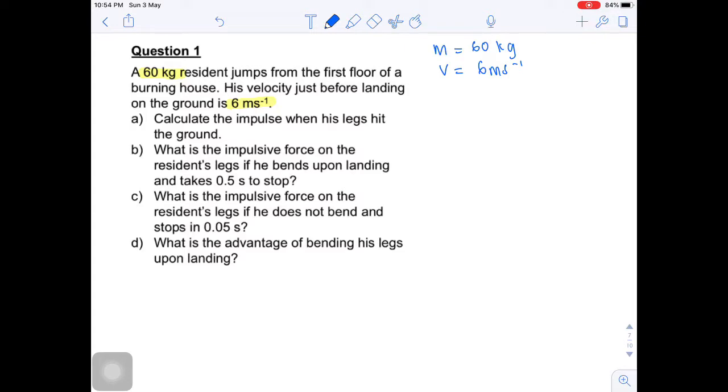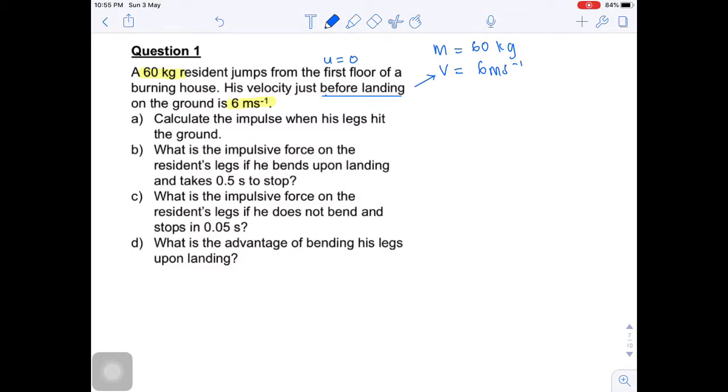Any velocity stated just before landing is v. U is always from the question: a 60 kg resident jumps from the first floor, meaning before he jumps the initial velocity is equal to 0, and the velocity just before landing is the final velocity. So we have to bear in mind that information.